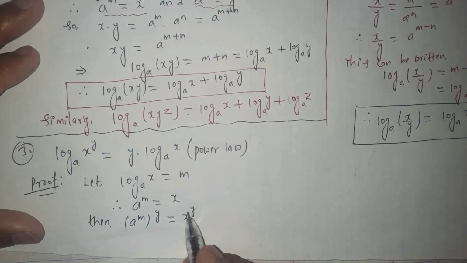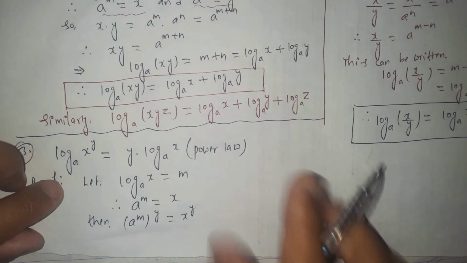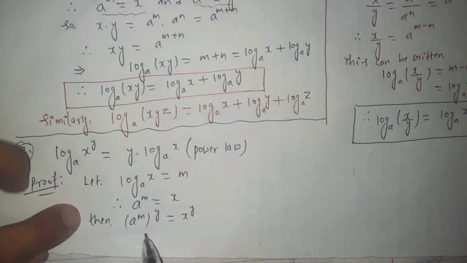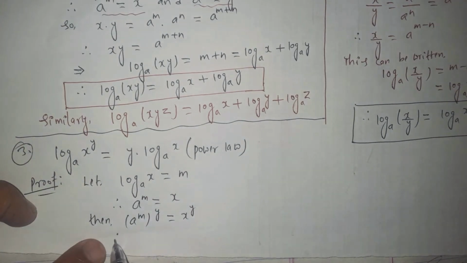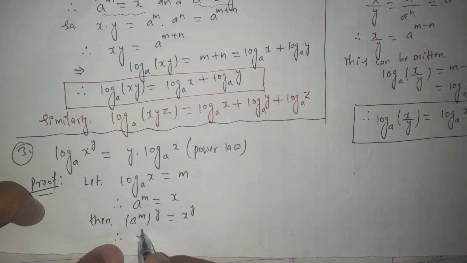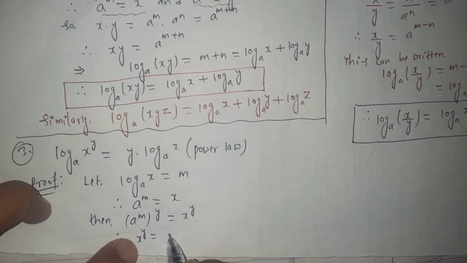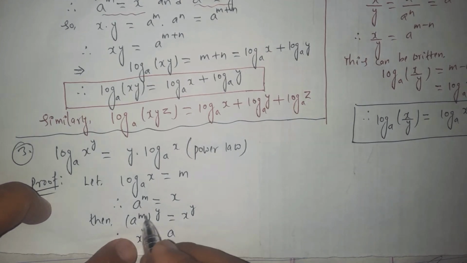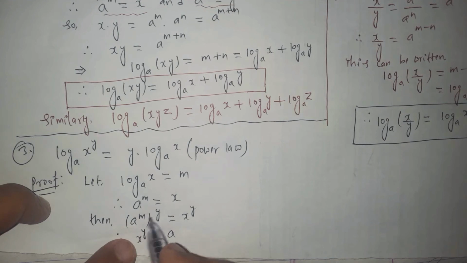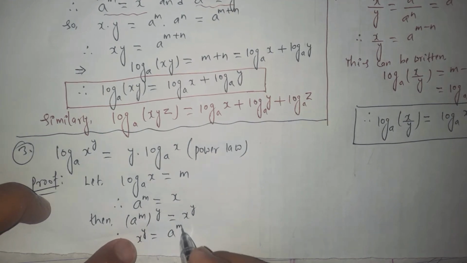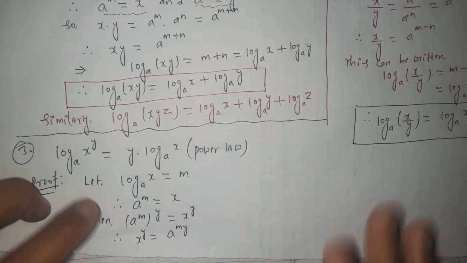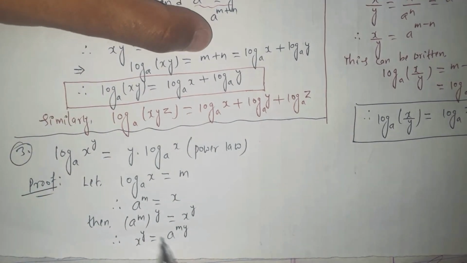Here we calculate the value of x to the power y, because we need x to the power y. Therefore, x to the power y is equal to a to the power, by the property of indices, we can multiply these powers, m times y. This is written in the exponential form.